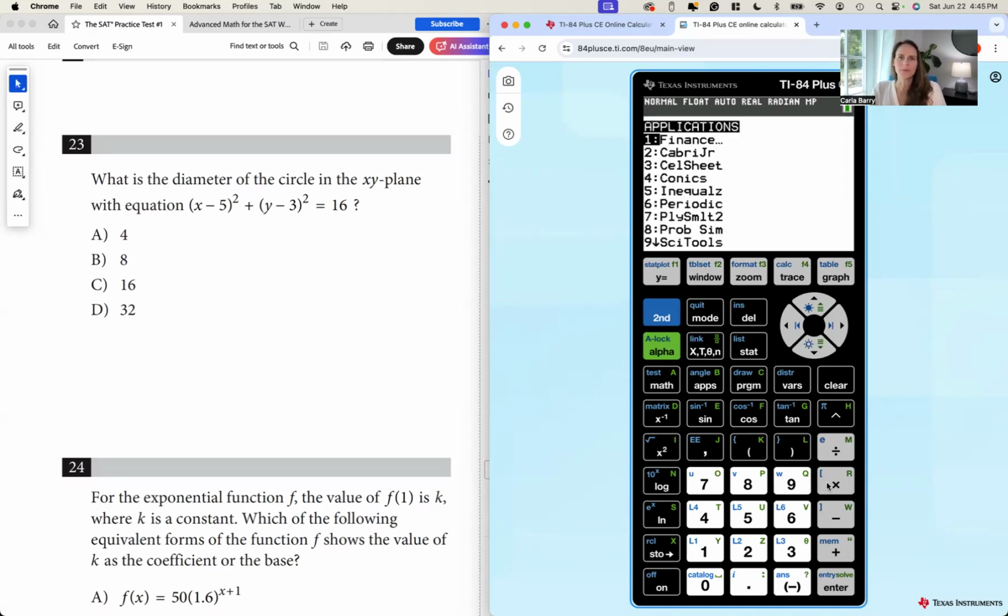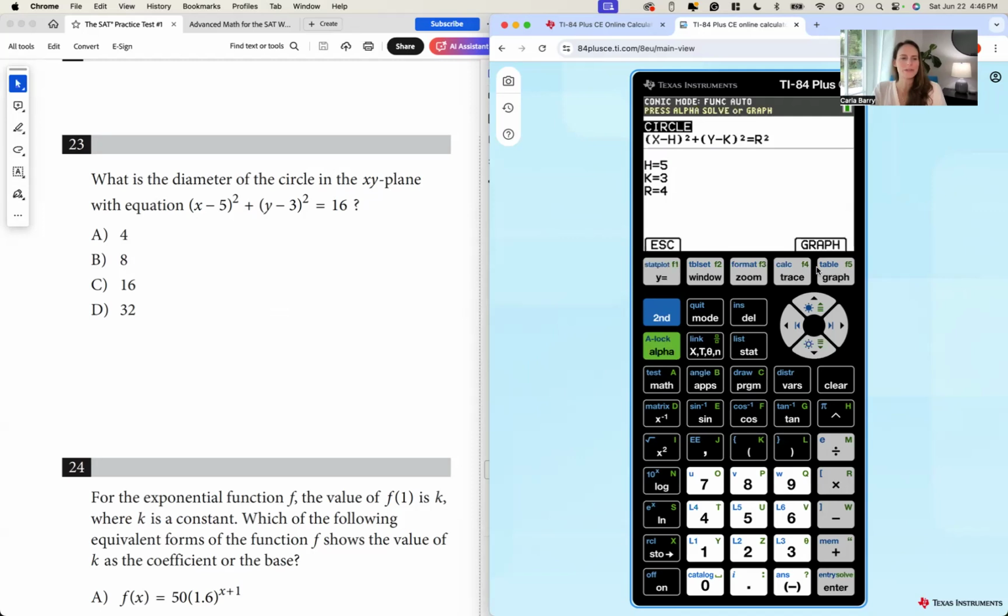We could go to apps and then conics, circle that first equation, and then put x minus 5, y minus 3 equals 4 squared, and press alpha, enter, and it gives me my radius is 4, so my diameter is 8.